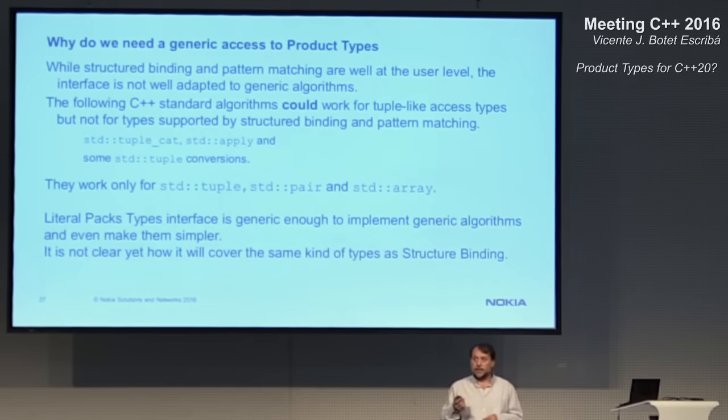Some implementations have implemented these functions so that they work for any tuple-like type, but the standard doesn't require it. And I believe that we need to make them work on all these product types. And again, I would like to have an access with literal pack types, but it is not yet clear how it covers all the product types.